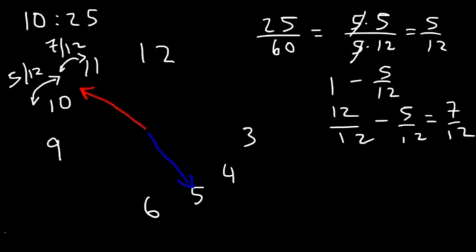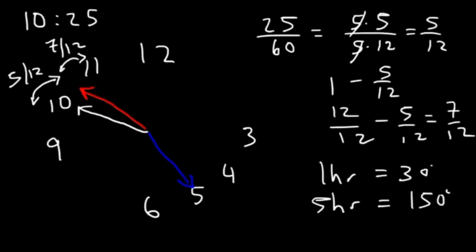Now we know that 1 hour represents 30 degrees. So if we find the angle from the 5th hour to the 10th hour, that's 5 hours. 10 minus 5 is 5. And 5 hours represent an angle of 150 degrees. So now we just got to find this angle here, which is 5/12 of 30.